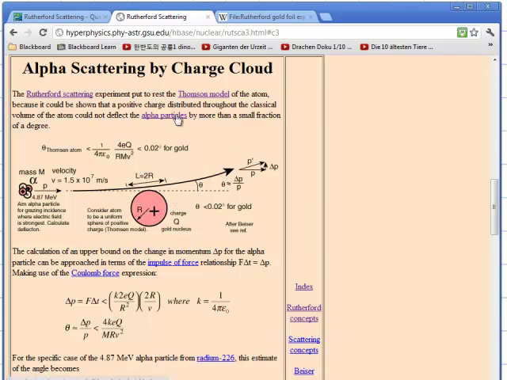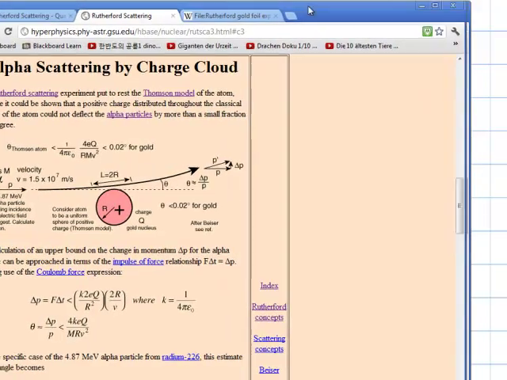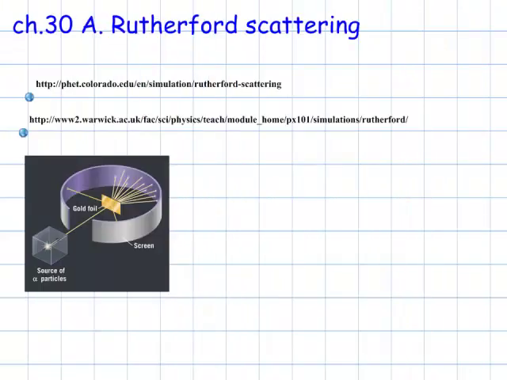This was before it was known that the atom is actually made up of a tiny nucleus with the electrons floating around in orbits around it, rather than having this Thomson's model or plum pudding model. So here is what would be expected if it was the plum pudding model, that the alpha would be hitting right here in the back with a tiny deflection angle.